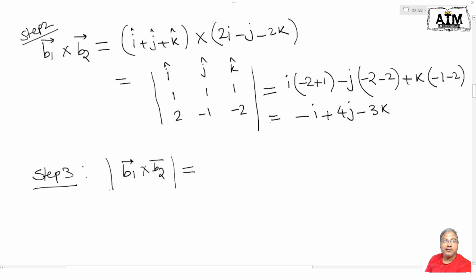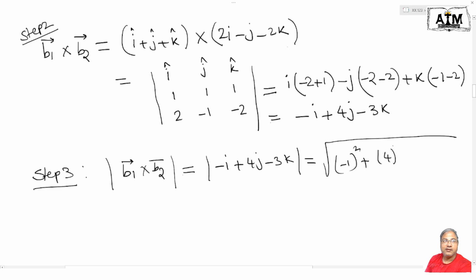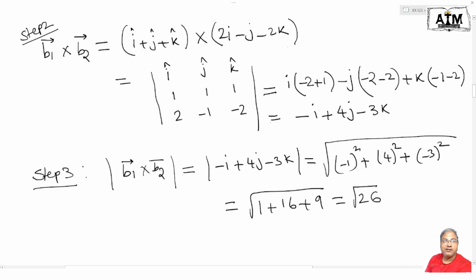After that, finding the magnitude of B1 cross B2, that equals the magnitude of minus i plus 4j minus 3k, which equals the square root of (minus 1) square plus 4 square plus (minus 3) whole square, equals the square root of 1 plus 16 plus 9, equals the square root of 26.